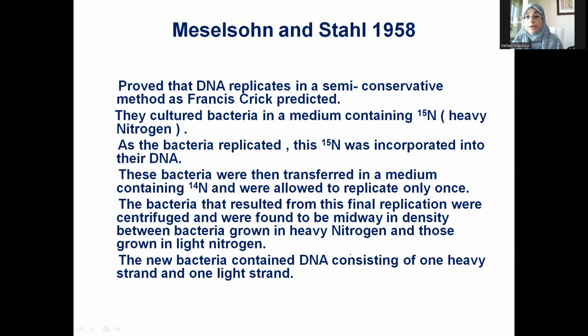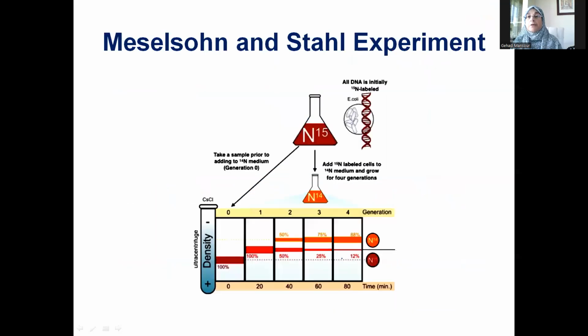Now, if we look at the diagram of the Meselson and Stahl experiment, here, as I told you, the bacteria were grown in a nitrogen 15 culture, and all the DNA is initially nitrogen 15 labeled. So in the flask, you have all of it nitrogen 15.